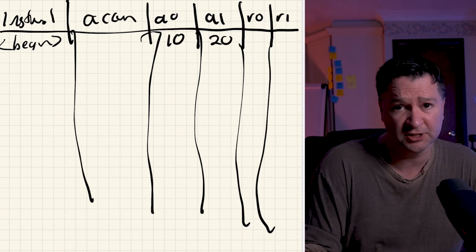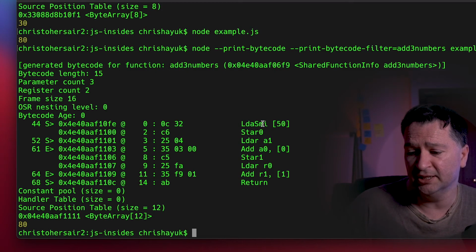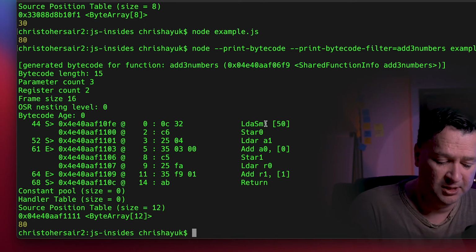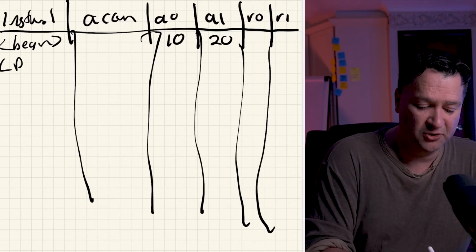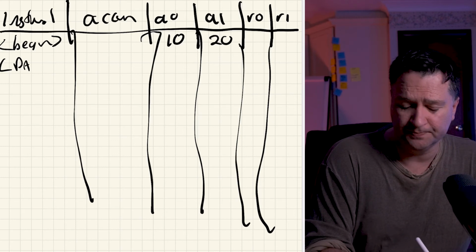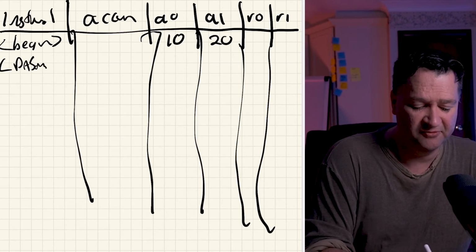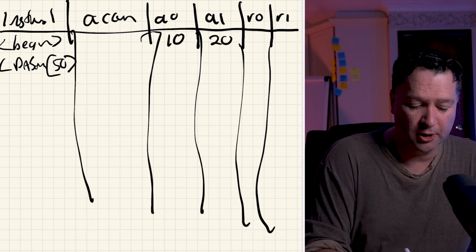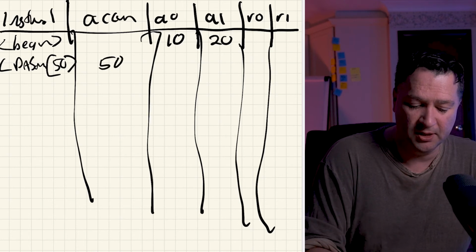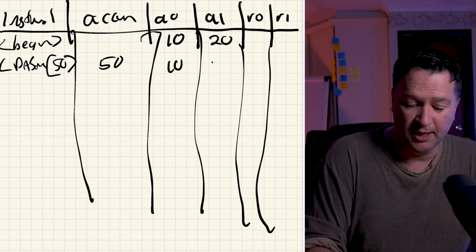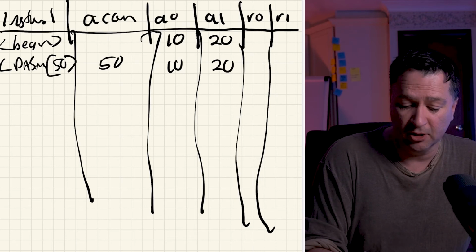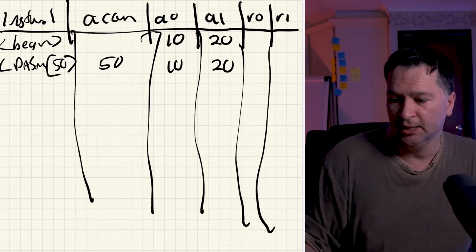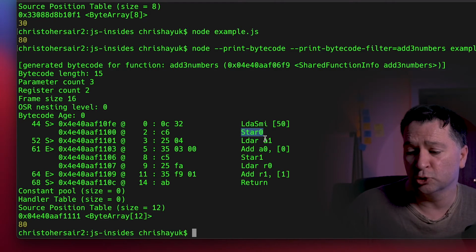So the first thing, if we look at the screen, you'll see it's loading into the accumulator a small integer of 50. So that's LDA. We saw that in the last video. SMI 50. So our accumulator is now going to be equal to 50. A0 is still 10, A1 is still 20, R0 and R1 aren't set to anything. Next instruction is store whatever is in the accumulator into R0.